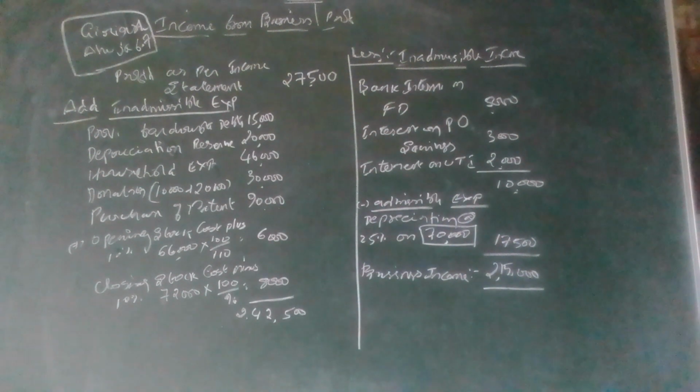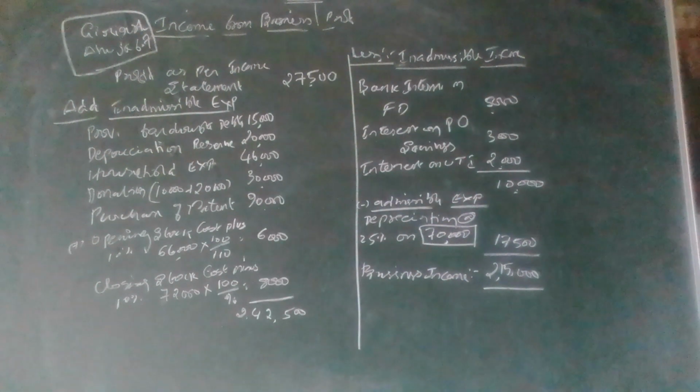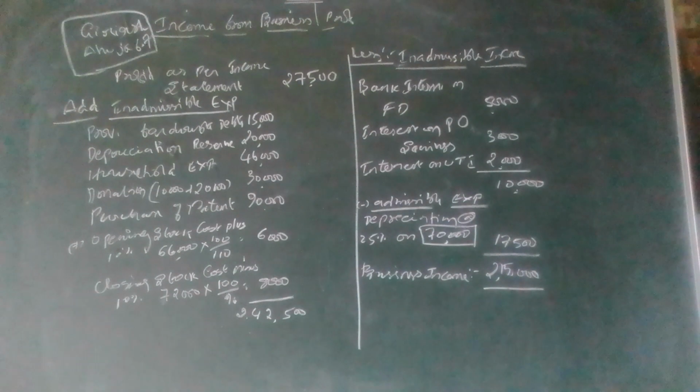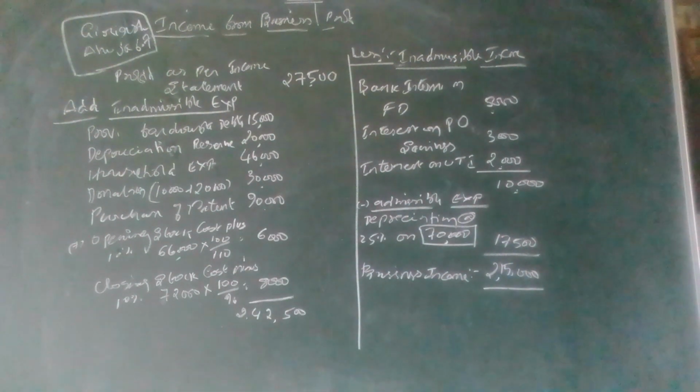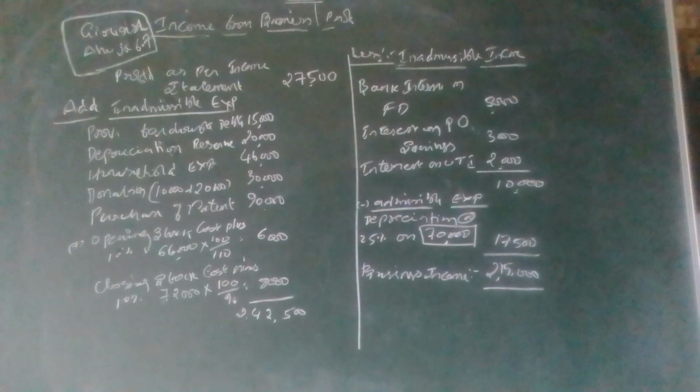See, I told you, any amount spent for the acquisition of patent, trademark, technical know-how, it is qualified only for the depreciation at the rate of 25%. That we are charging. So if you apply these things, then finally your business profit is supposed to be 2,15,000. This is one of the important essay type questions. Similar type of problems may be asked in section C type.